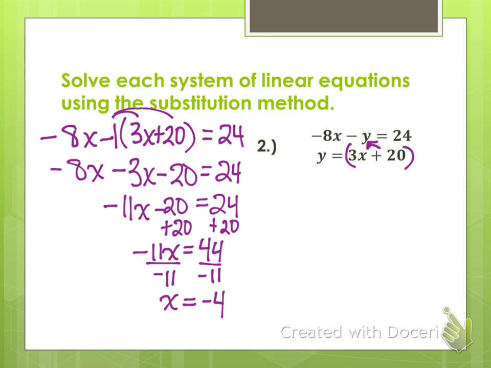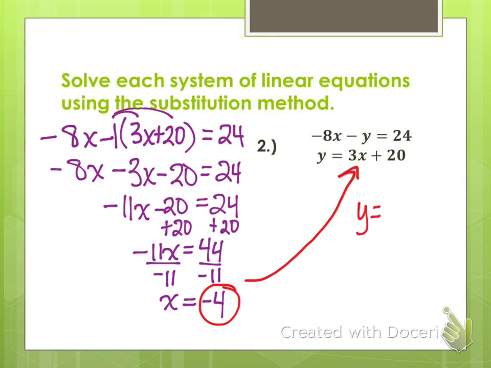All right, so now we have to go back and find y. So I'm going to take this x equals negative 4, and I'm going to plug it in to the other equation. So I take it and plug it into x in the other equation.